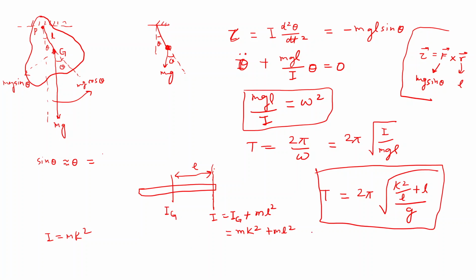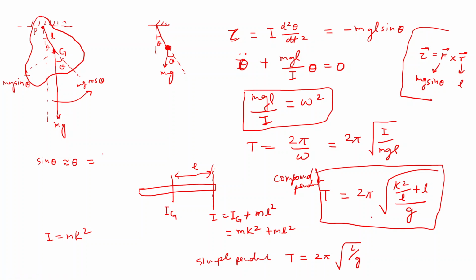Now if you compare, this is for the compound pendulum. For simple pendulum we know the time period is given by 2 pi under root L by g, where this L is the effective length.